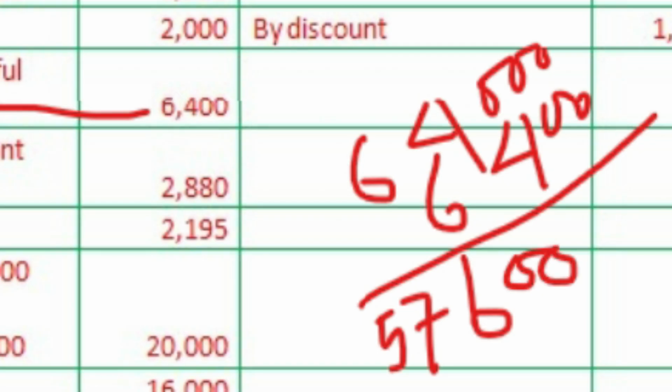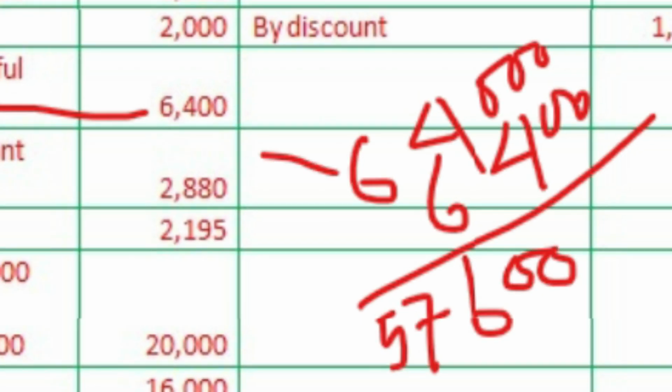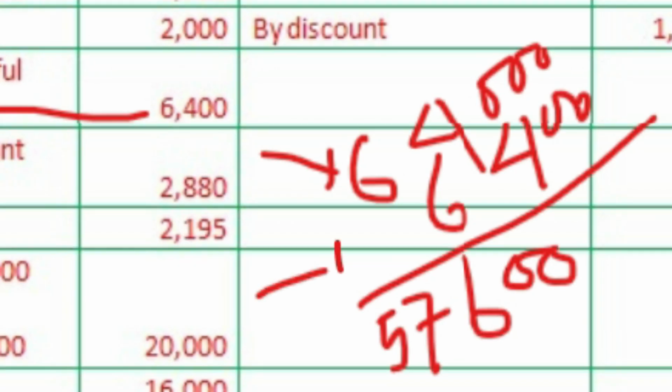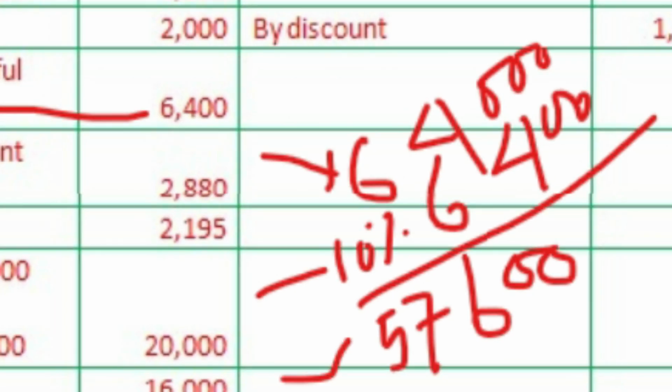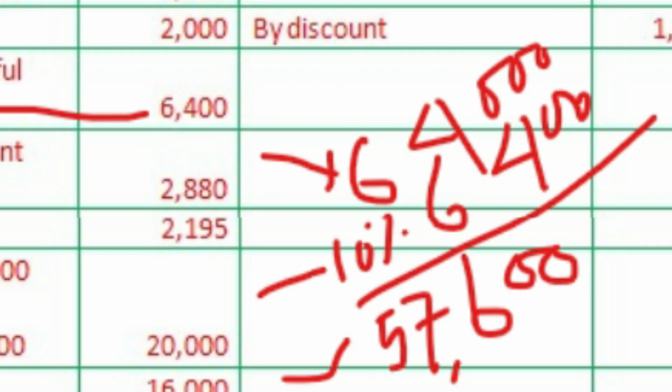And this is the sequence. This is the sundry debtors balance. First you deduct the provision for doubtful debts or bad debts at 10%, and on the balance of 57,600 you calculate the discount on debtors.